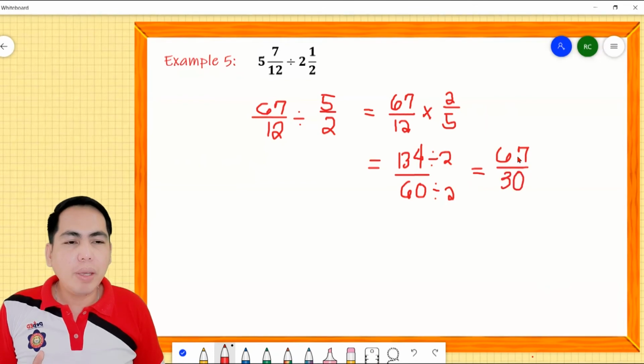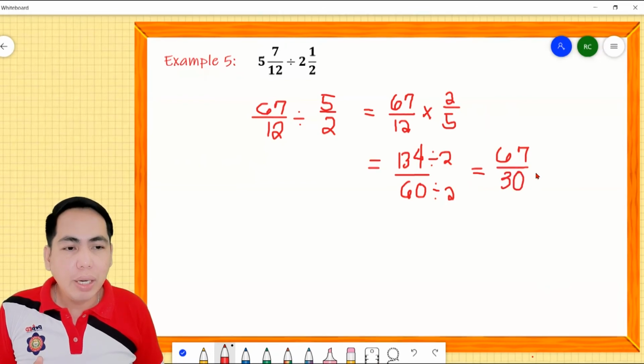So 67 over 30, we can also rename this into a mixed number that is equivalent to 2 and 7 over 30.